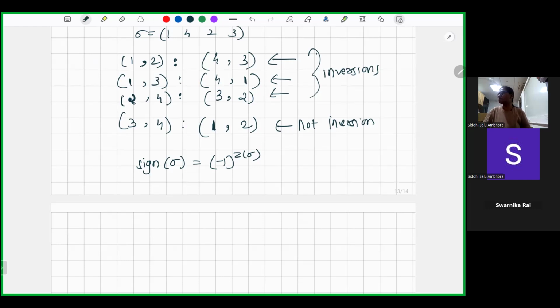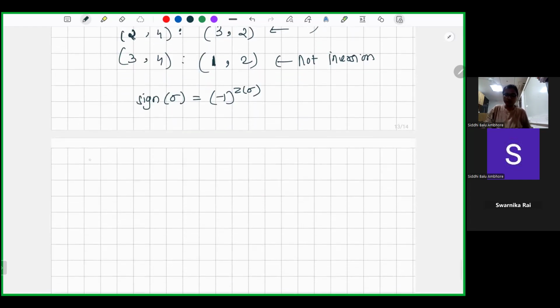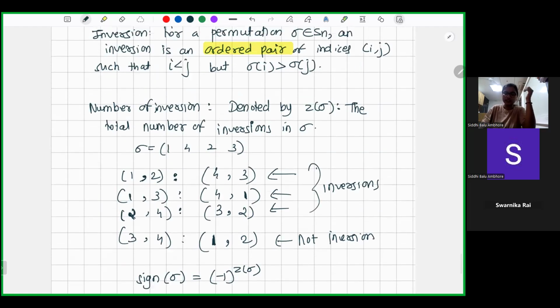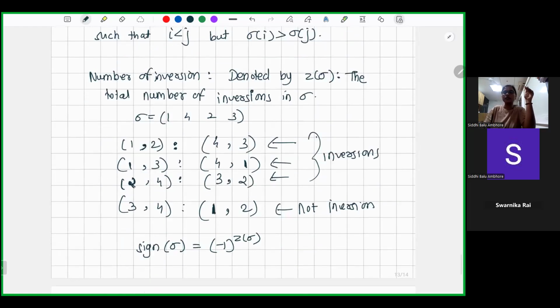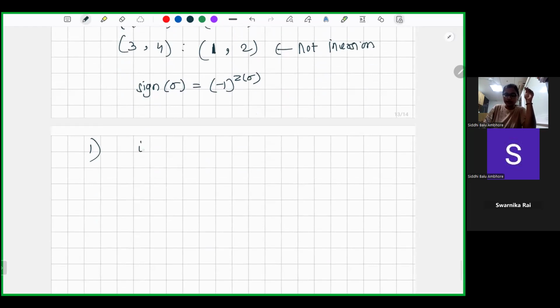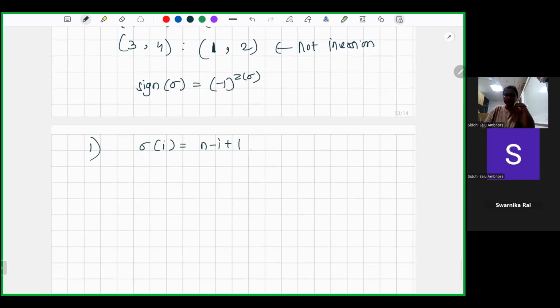And for some examples, one is used, for others it's easier to look at another. Whatever you feel convenient, you can do that. So the first one is a permutation sigma such that i is going to n minus i plus 1. So my sigma is such that sigma of i is n minus i plus 1, right? This is what my sigma is.